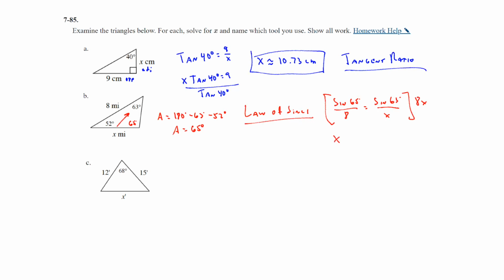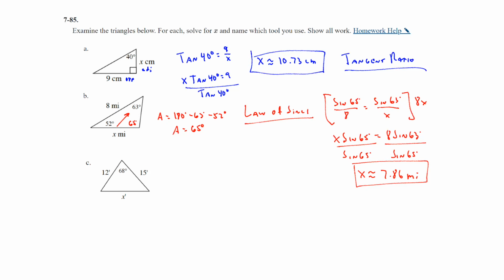Cancels the 8, then it leaves you with x times sine of 65 degrees, cancels the x, leaves you with 8 times sine of 63 degrees. And then we want to divide by sine of 65 degrees since it's x times sine of 65. We need to undo that by division. And when you plug that into the calculator, you should get x is approximately 7.86. And this is measured in miles.